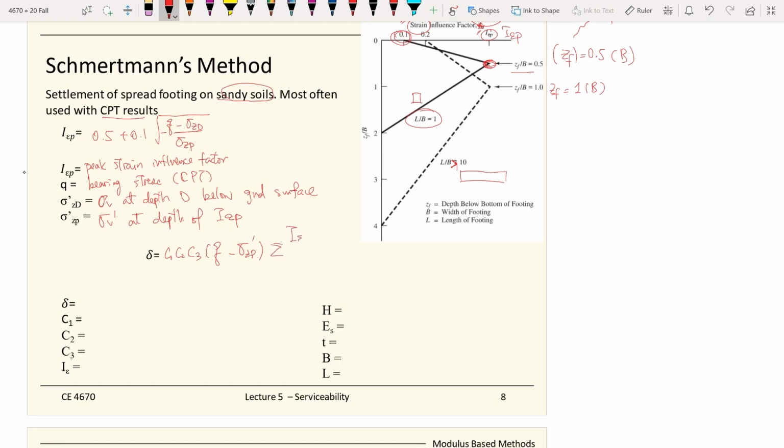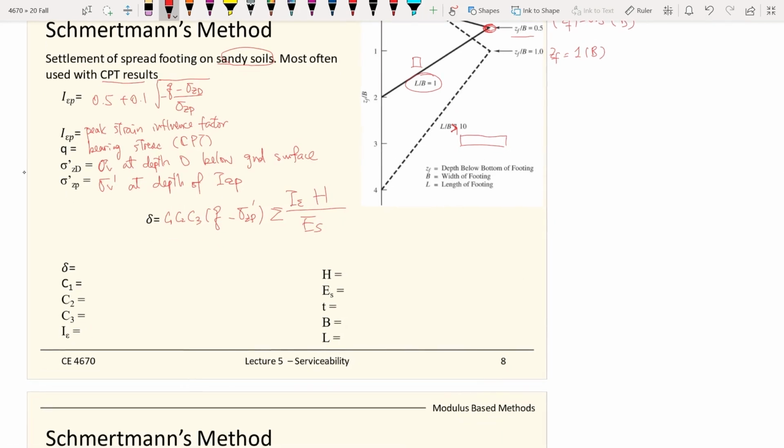We talk about how to find out this part on the layers later. Which equals the influence factor that you get from this graph times the thickness of the layers, divided by the modulus. Again, this is a modulus-based method, so the modulus is very important.